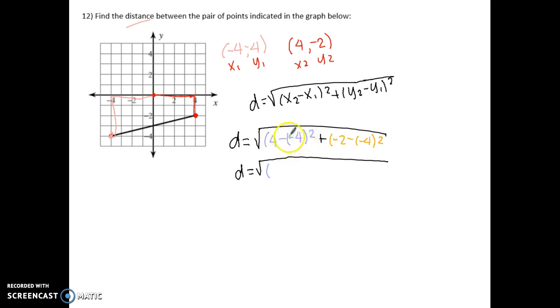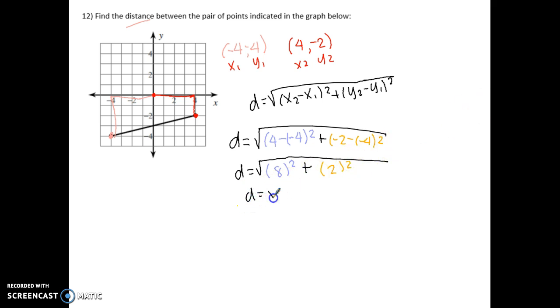So 4 minus -4 is actually positive 8 squared, plus parentheses -2, so -2 minus -4. Let's go ahead and do that in our calculators as well. So take a couple seconds to do that operation. So -2 minus -4 actually gives us a positive 2.